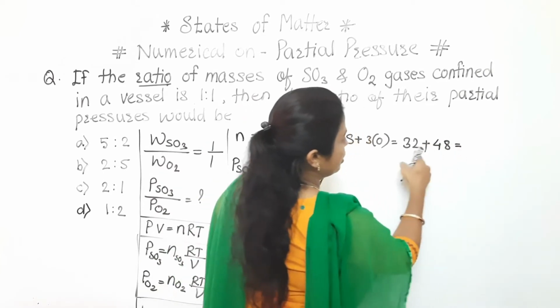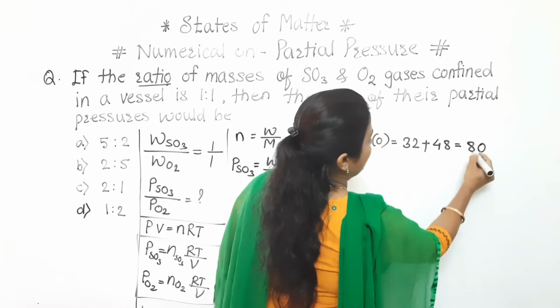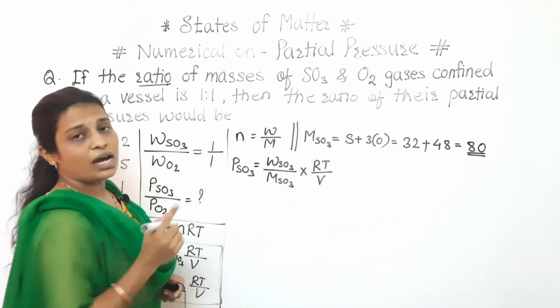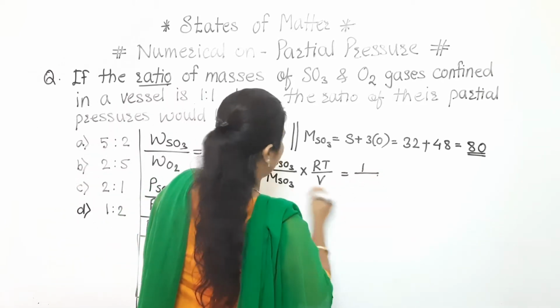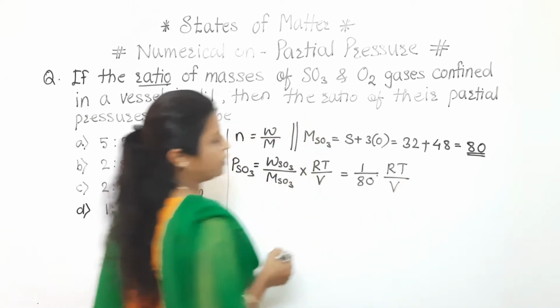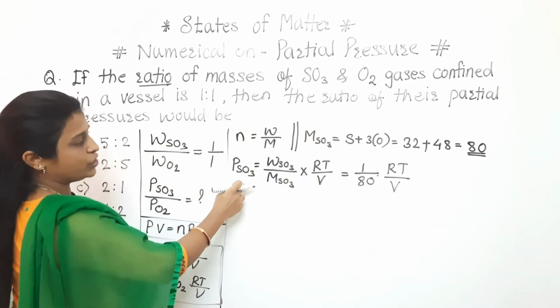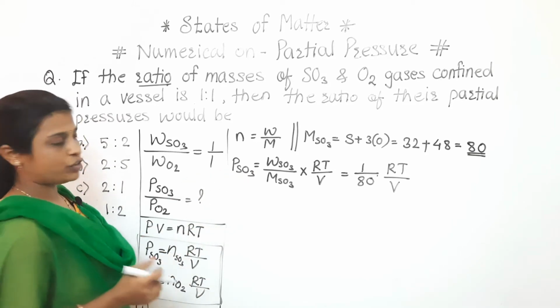And finally, adding, 8 plus 2, 10, 4 plus 4, 8. 80 is the molar mass of SO3. So if we put all these values, the equation becomes 1/80 RT divided by V. Clear to everyone? This is the value for the partial pressure of SO3.